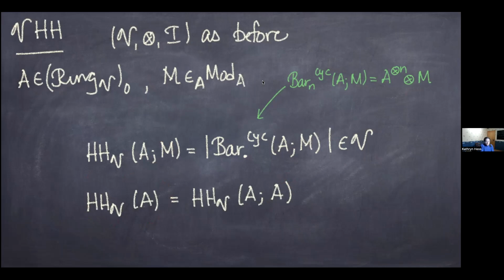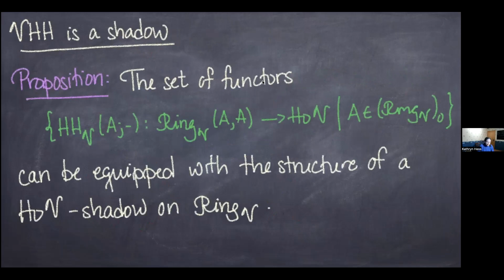So in the case where V is an appropriate category of spectra, and this is the smash product and so on, this gives us THH. It's a straightforward generalization of THH. And it turns out that this thing is actually a shadow.